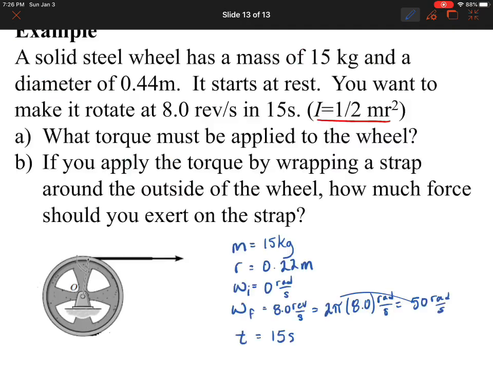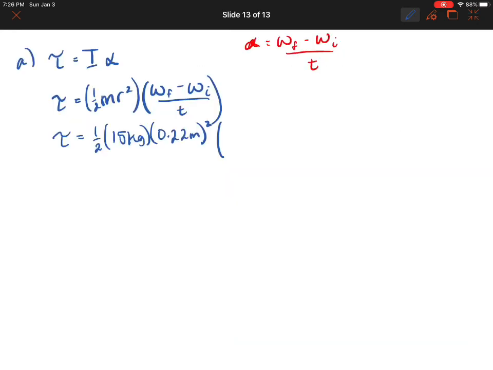Don't forget to square that. And then change in rotational velocity, and that is 50 radians per second minus 0. Of course, you don't have to put the minus 0 in there if you don't want to, as long as you're showing the actual change in rotational velocity in your original equation.